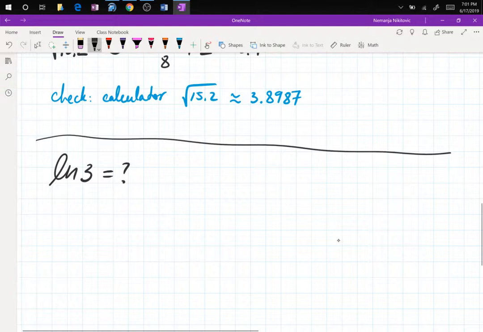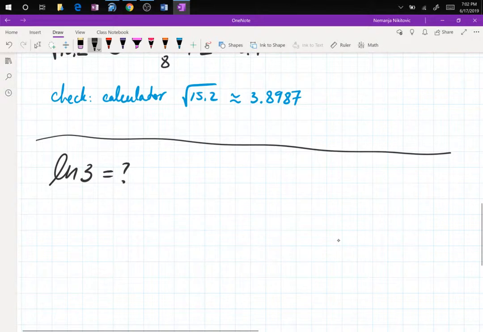It will give us which power of e gives us 3. What power of e will give you 3? Yes, exactly. So now you're looking at this and you say, I need to find the tangent line, and then I will compute 3 in the tangent line, and those values will be close.